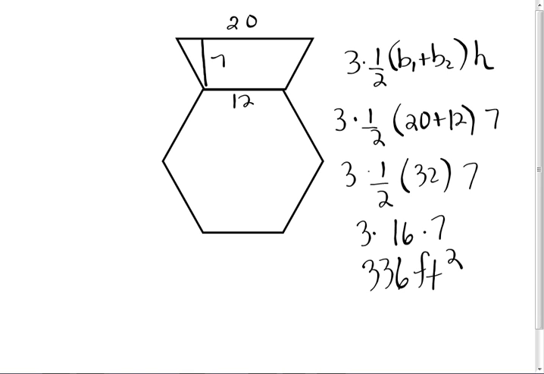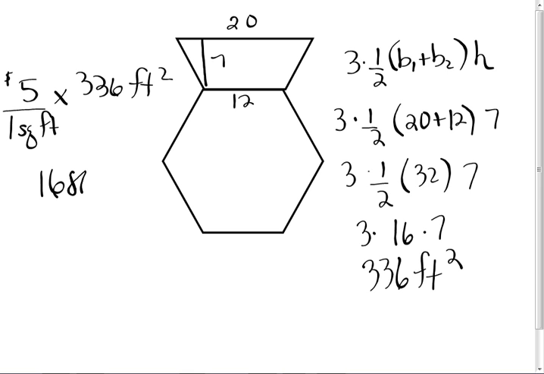Okay, so that's the area of my trapezoids. Now, what's my cost going to be? It's $5 per square foot. So it's $5 for 1 square foot, and you're going to multiply it by 336 square feet. So what did I get for that? 1680, did I do that right? What's 5 times 336? I did it in my head, so I could be wrong. 336 times 5.